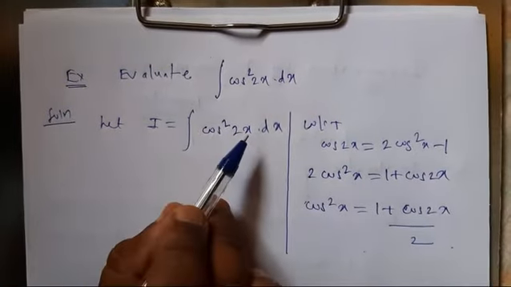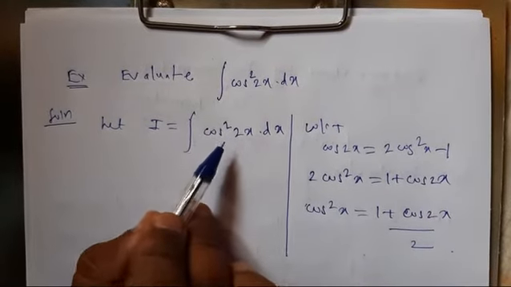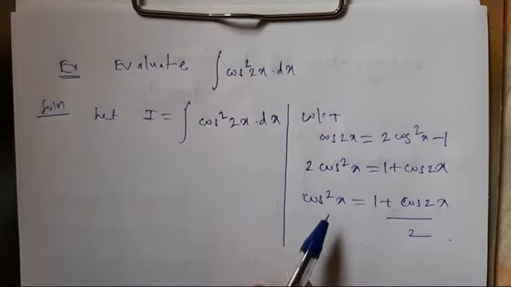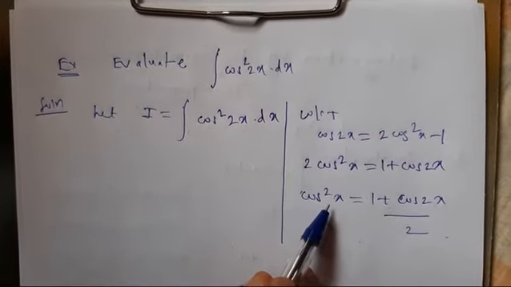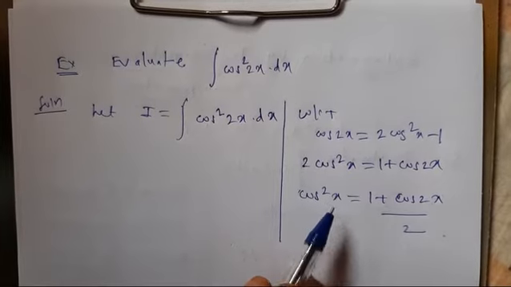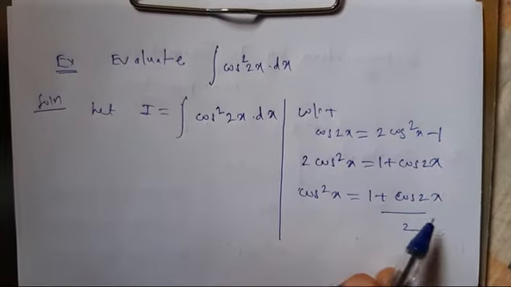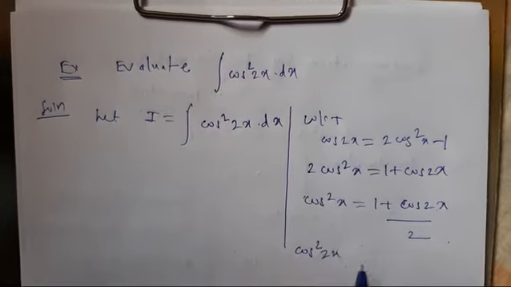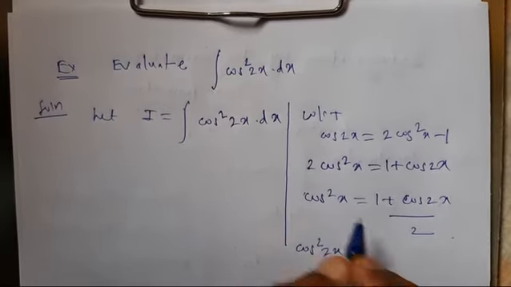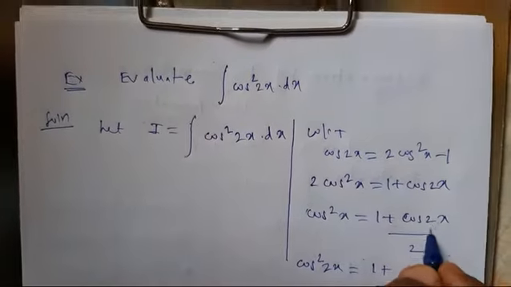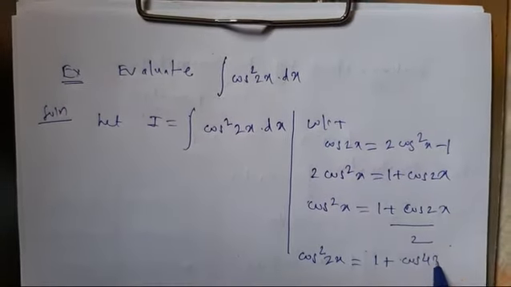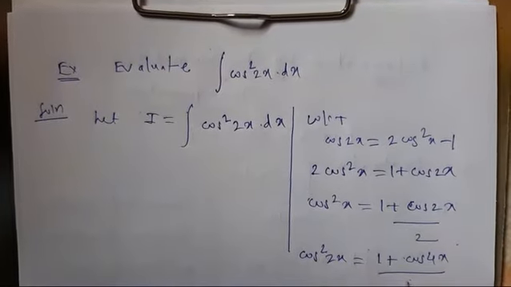But here I want cos square of 2x. Here I got cos square of x. Therefore I will multiply 2 to the angle on both sides. So I will write cos square of 2x, here I will multiply the angle by 2. So 1 remains as it is, and here also I will multiply by 2, cos 4x upon 2.